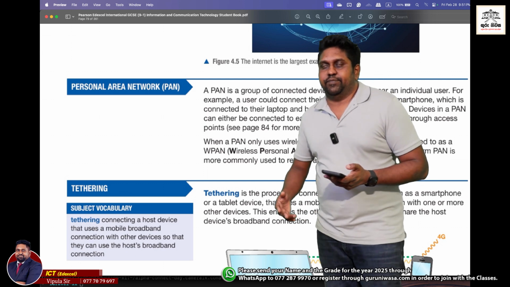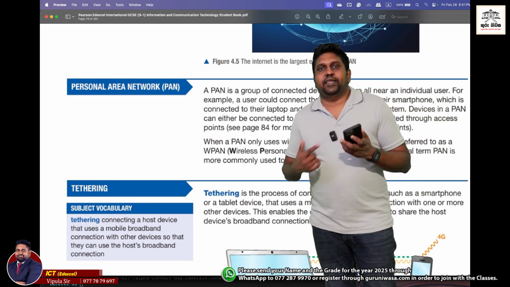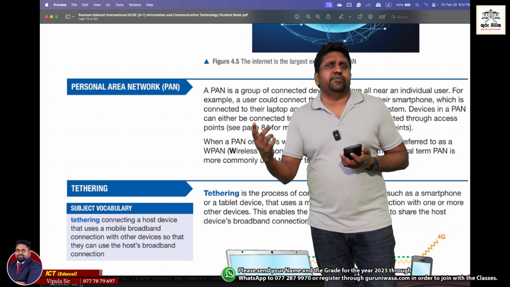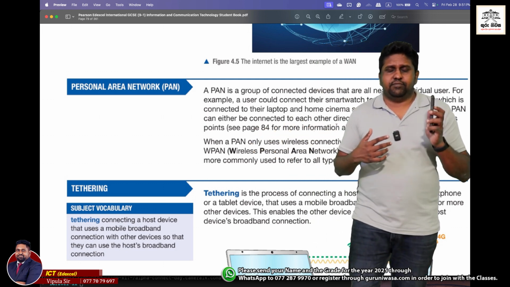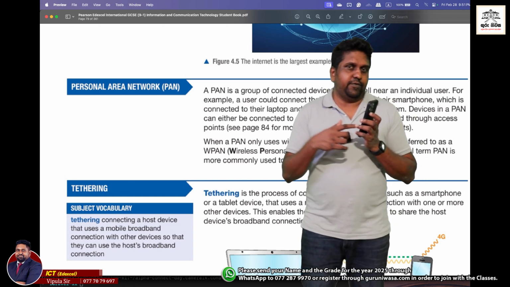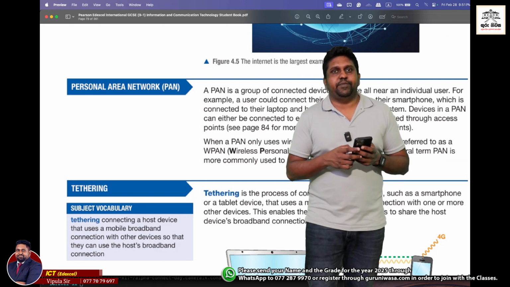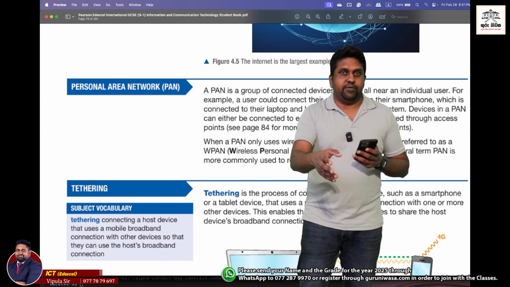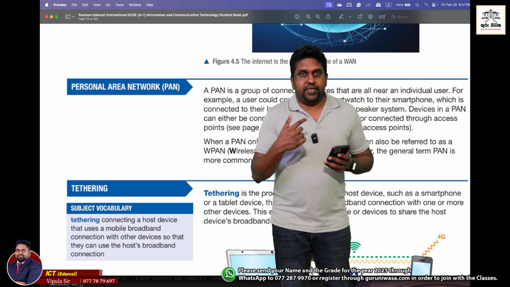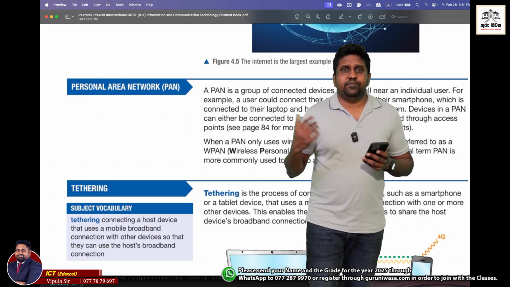An example is, if you have an Apple device, Apple has a system where it communicates with all devices. So technically, if I want to copy something from my phone to the laptop, I can just copy it from my phone, and when I paste it on my laptop, it will get pasted. That particular connection happens through a PAN.